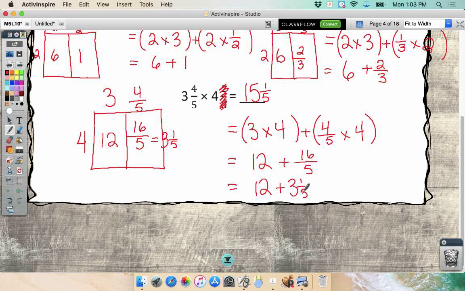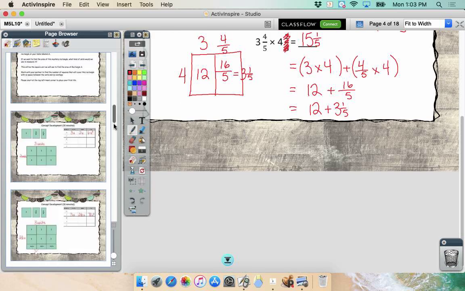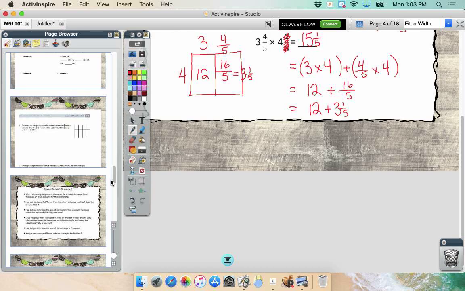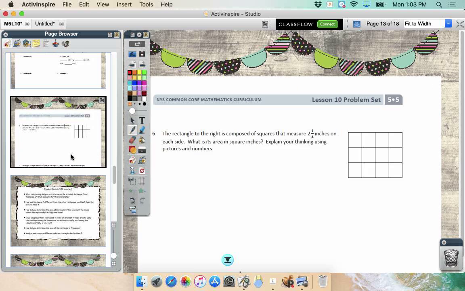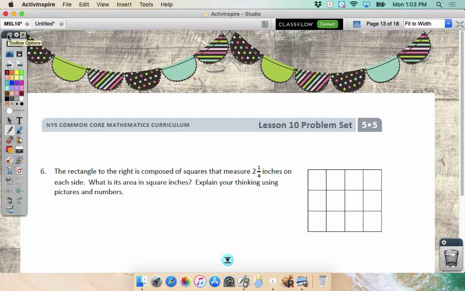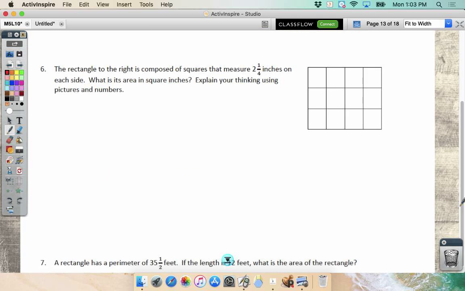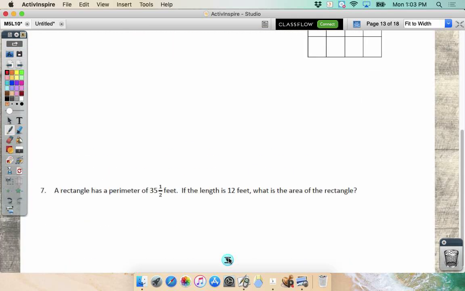Okay, so how do you feel about this? Let's see if we can solve some harder problems. You want to? Okay, so let's go to the back of the problem set. This is pretty tricky. I think I want to do this second one first.